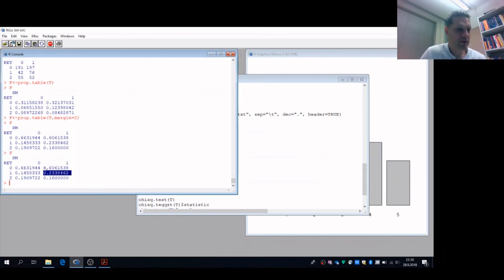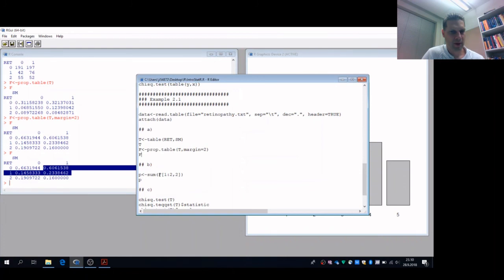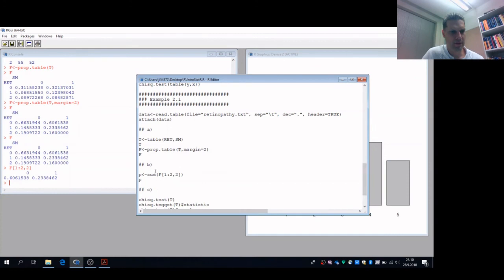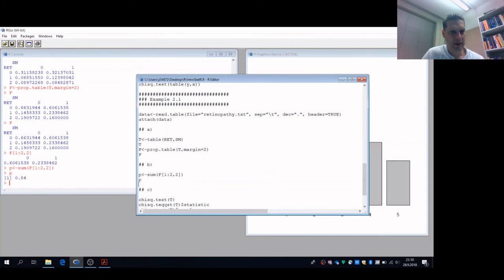And if we sum these two numbers, they are telling us what is the probability of a person who is smoking getting a y variable value of 0 or 1. And that's why, if I sum up these first two rows in the second column, we get our probability, and it's given here.